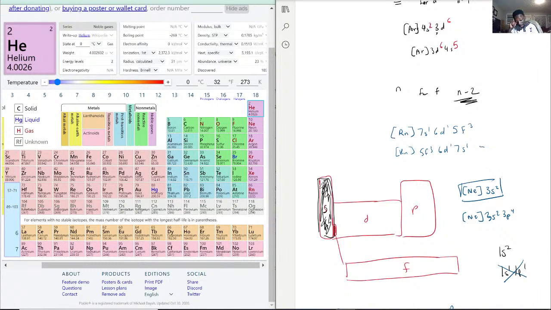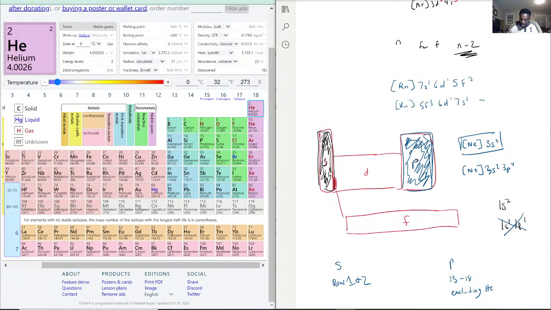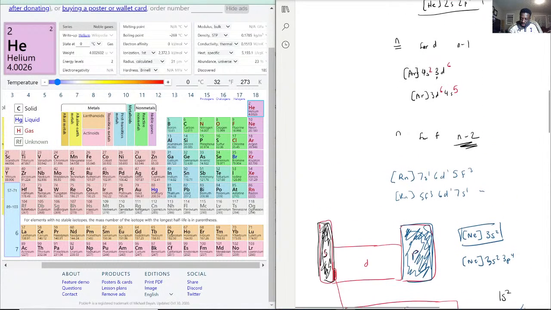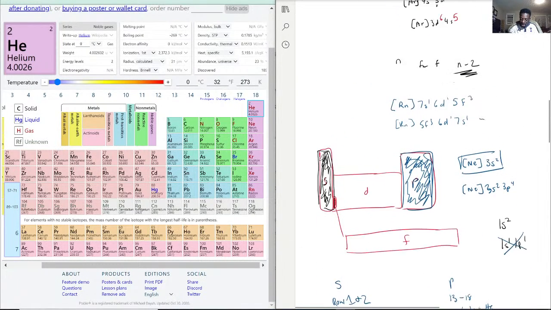Now, moving on to the P, starting at, as I said, column 13, boron, over to neon. So we do not include helium. That is the P. Okay? These are the P elements. All right? So, with that, neon, as I said, the way you'd write that, let me see if I wrote it.